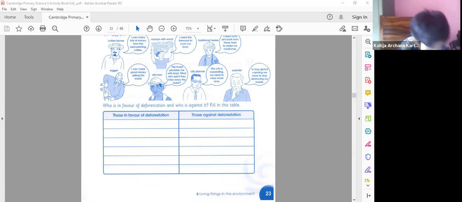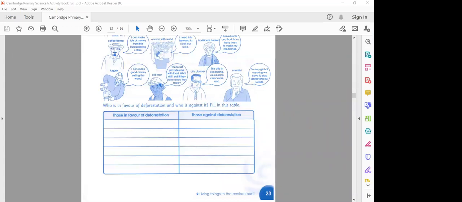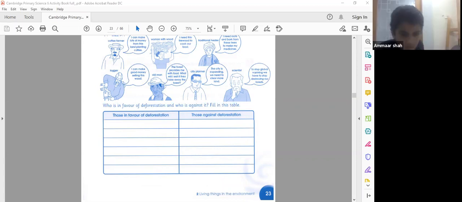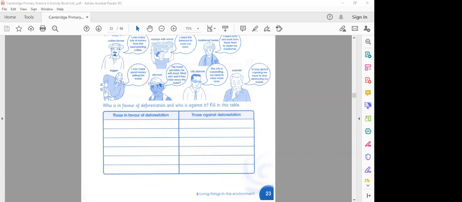Sulfur dioxide and nitrogen oxide come from factories which burn coal and oil. You can also add human activities, like burning fire and burning trash, right? Ma'am, I have written that. I know. Burning of fossil fuel.